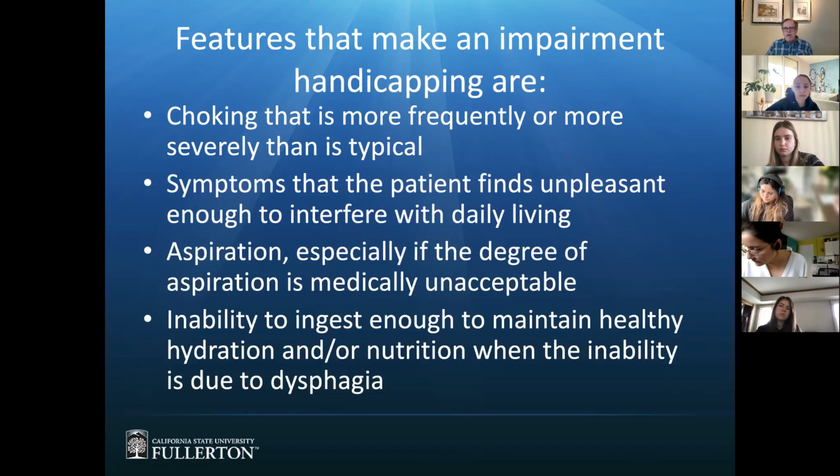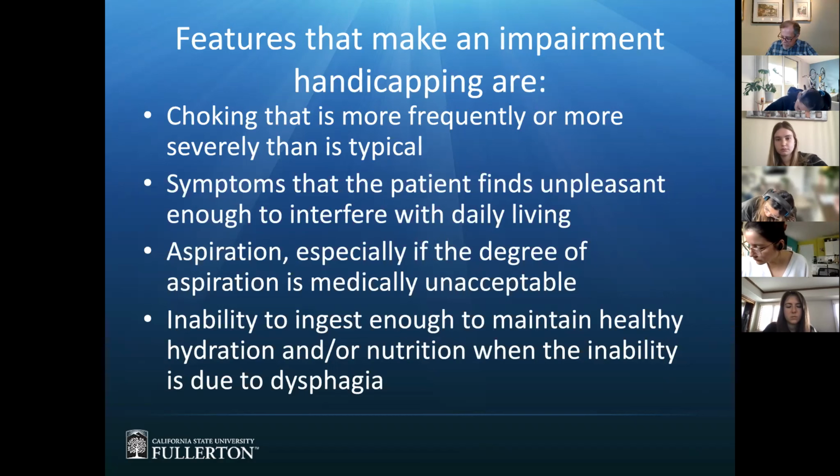Okay, the other thing that could make an impairment handicapping, and this is quite subjective, is that the symptoms the patient finds are unpleasant enough to interfere with daily living. Maybe they're coughing during their meals. And let's say that the patient is not aspirating.